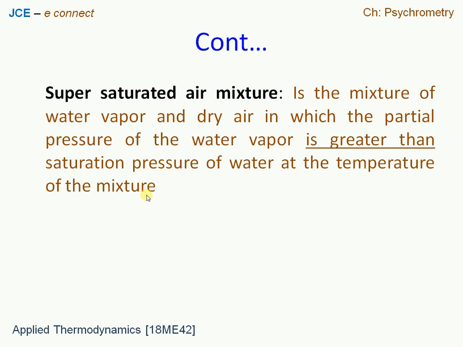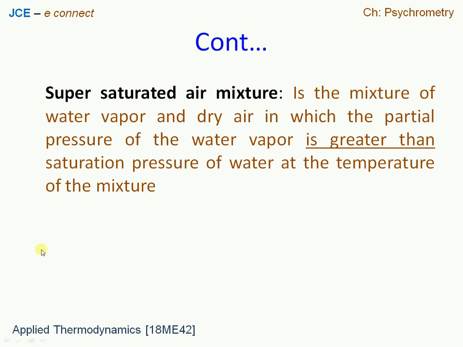In case of saturated moisture, we saw that the partial pressure of the vapor was equal to the saturation pressure of the water at the temperature of the mixture. So here we have a supersaturated moisture in which the partial pressure of the vapor is greater than the corresponding saturation pressure of the water.